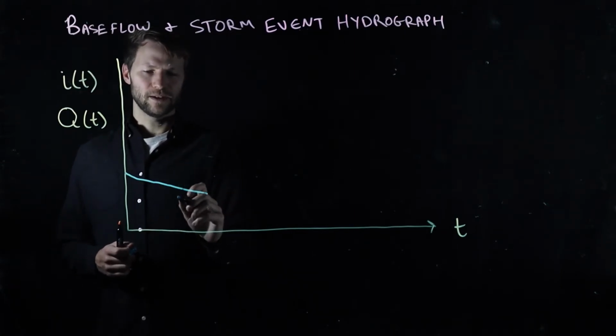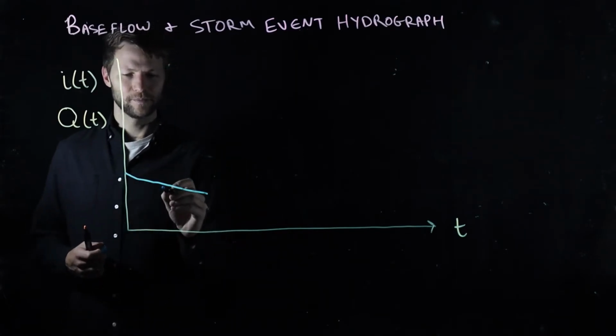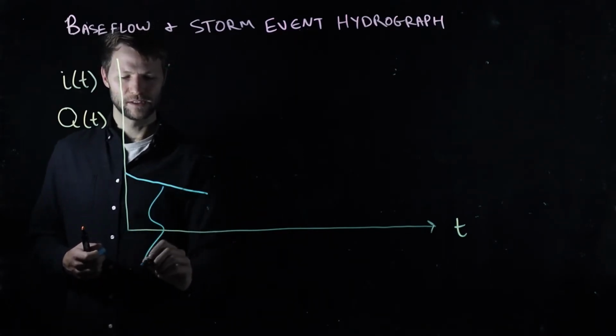When there's stream flow and there's no rain, and it hasn't rained in a while, and there hasn't been snow melt in a while, we call this base flow.